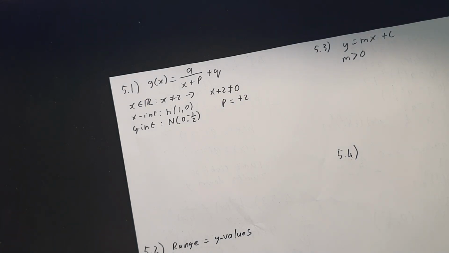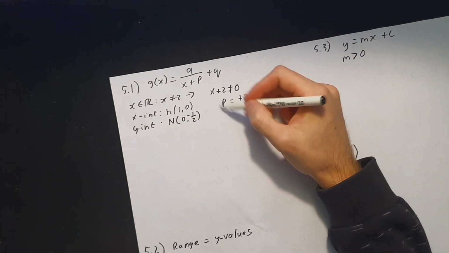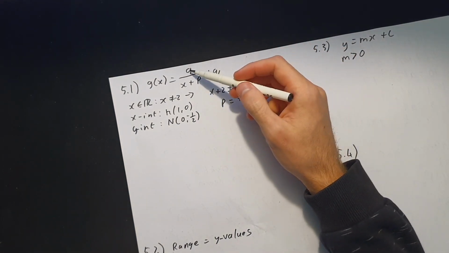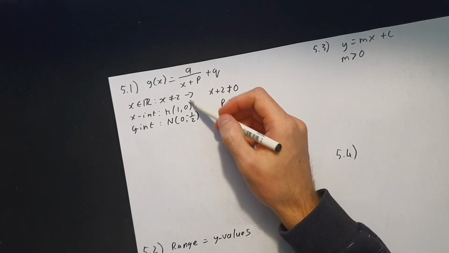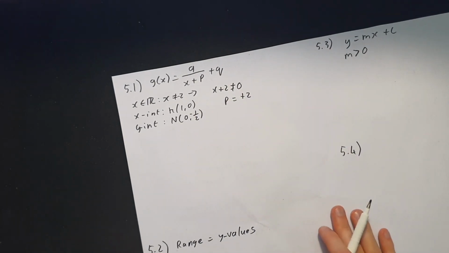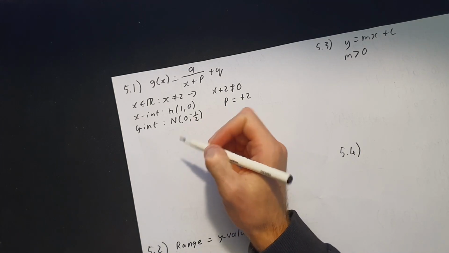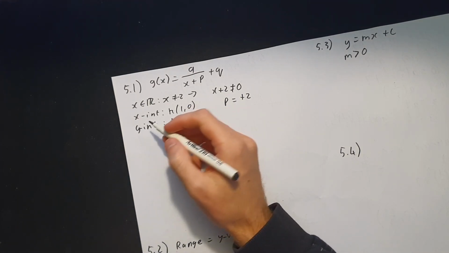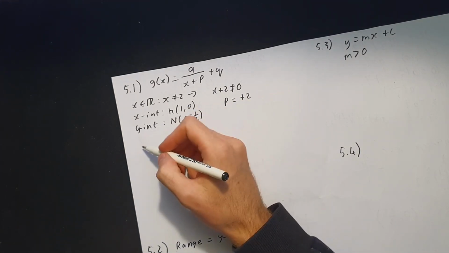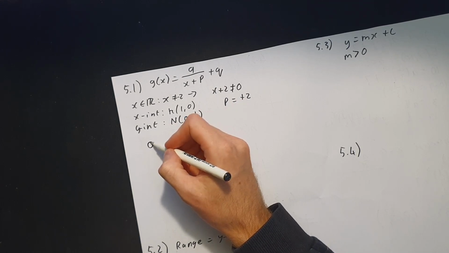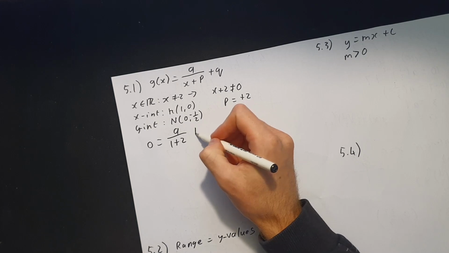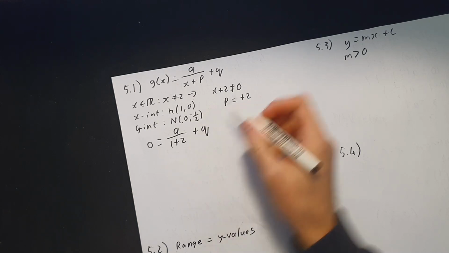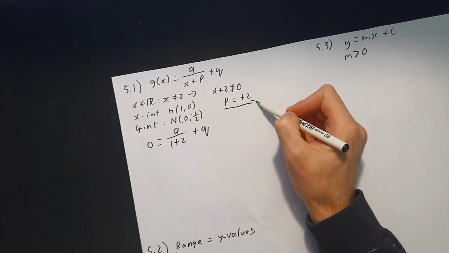Then the next thing we need to do is use the formula. Substitute p into the formula, and then solve for a and q. They've given us 2 coordinate points here, so we're going to solve for a and q simultaneously. The first one is when x equals 1 and y equals 0. So we have 0 equals a over 1 plus 2, plus q. Where did the 2 come from? We found p was equal to 2.